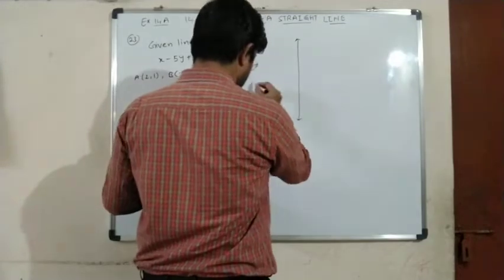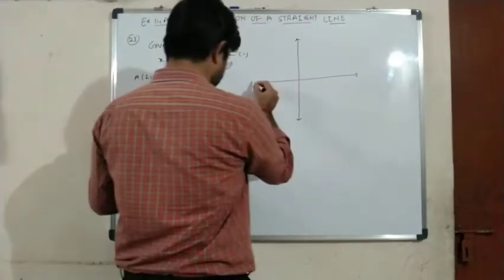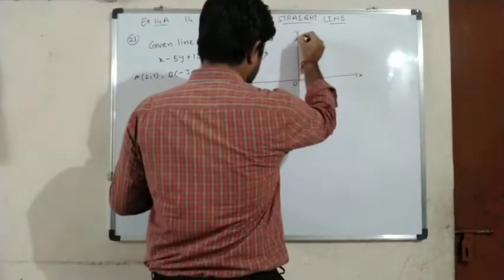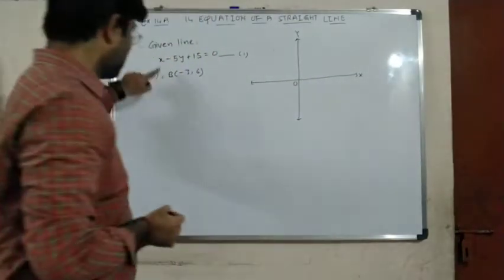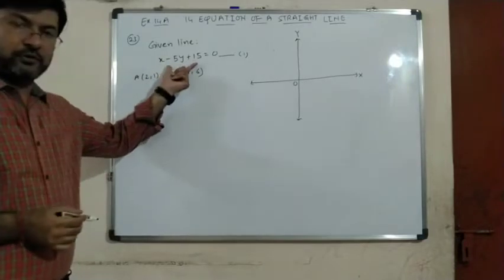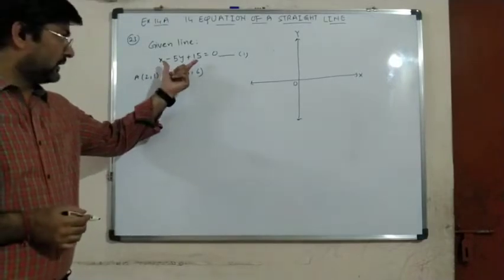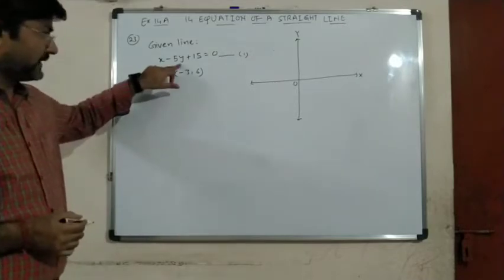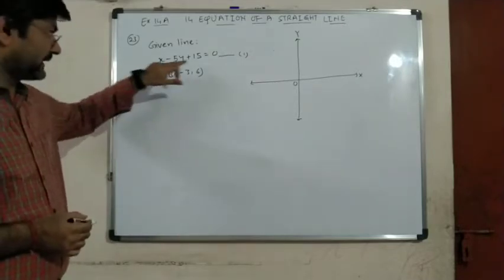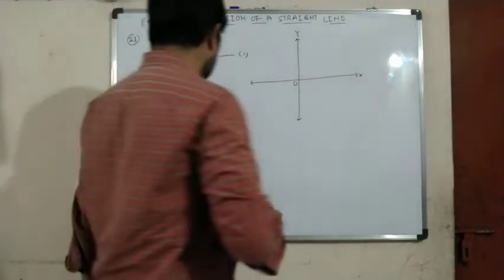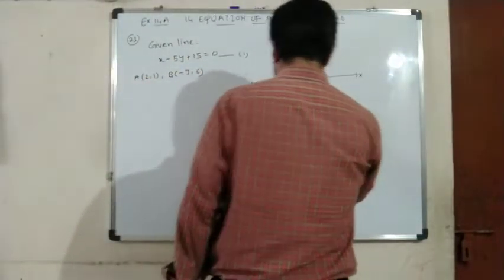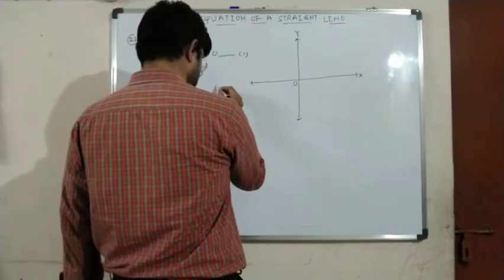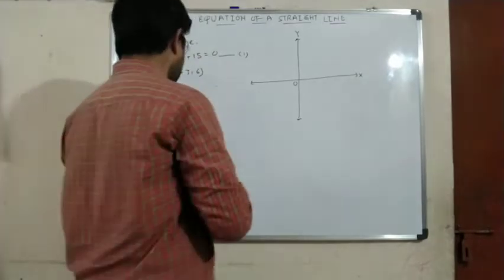So let us draw x and y axis first. We have x coordinate axis and y coordinate axis. Now an easy way to represent this line on the graph is, first put y is equal to 0, you will get the value of x. X is minus 15, so x is equal to minus 15 will be somewhere here, approximately.